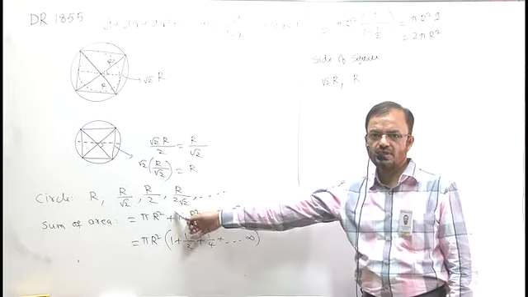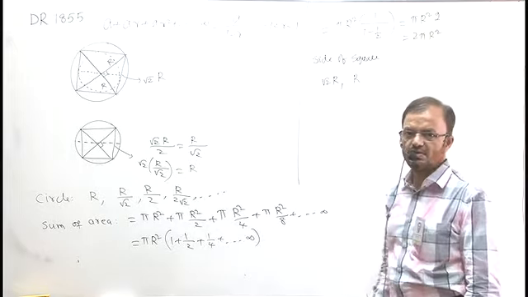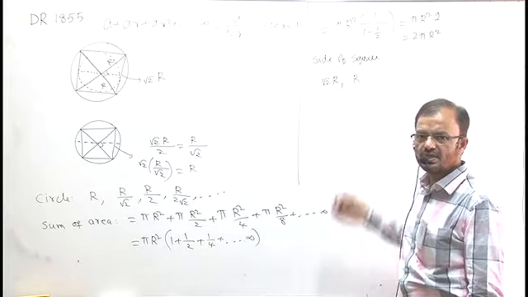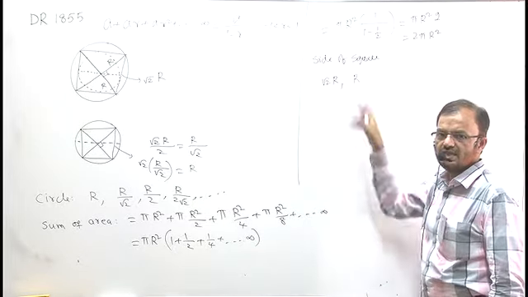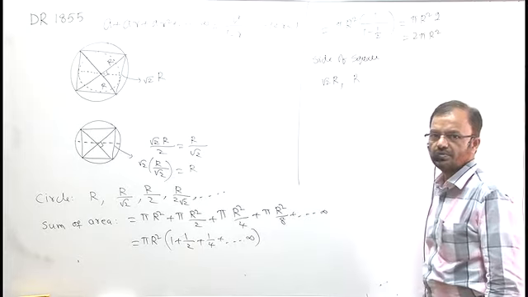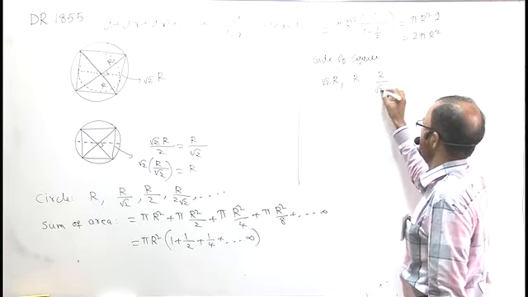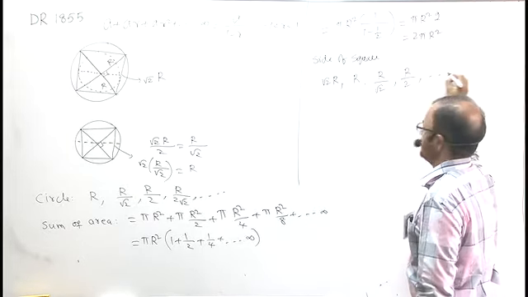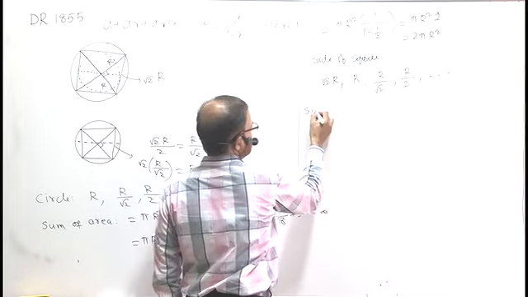As we have talked here, the geometric process and the mathematical process are the same, so the mathematical process will continue the same way. I get this by dividing by root 2, and again dividing by root 2, I will get the next square.